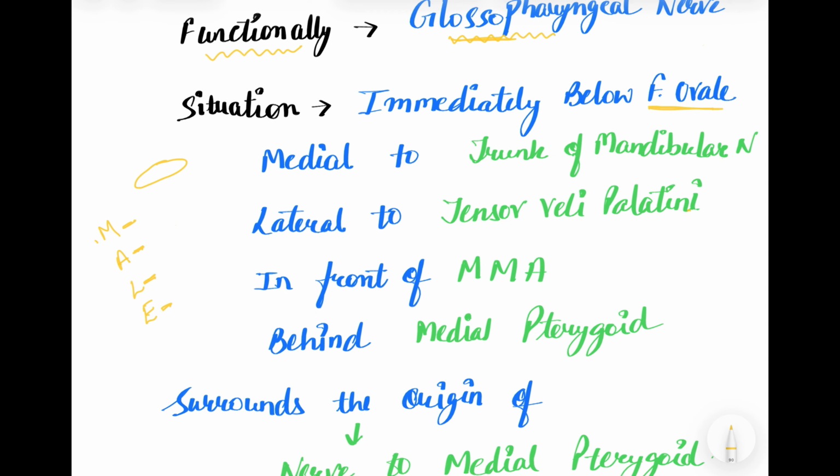These are the structures which pass through your foramen ovale, and the ganglia is lying just below this foramen.